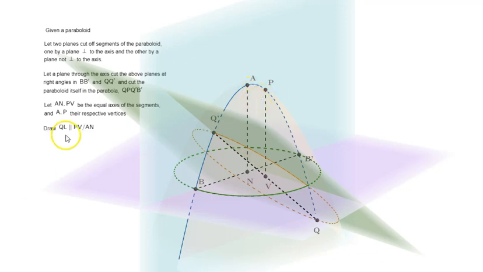Now draw QL parallel to PV or AN. QL is parallel to AN or PV. Draw Q prime L perpendicular to QL. So this point is QL and this is Q prime L. So Q prime L is perpendicular to QL.